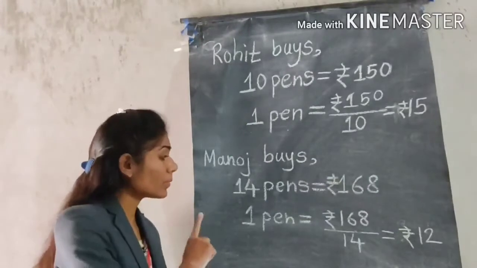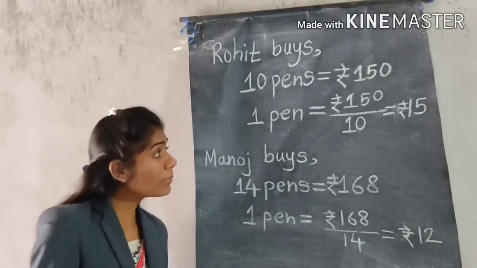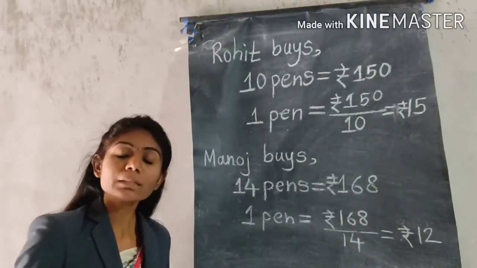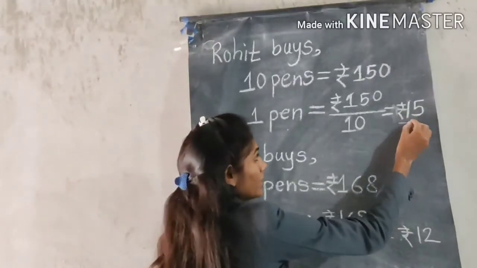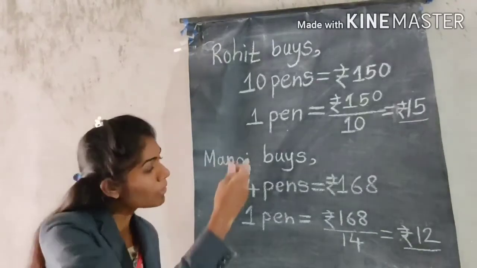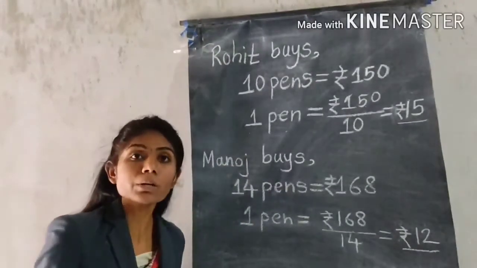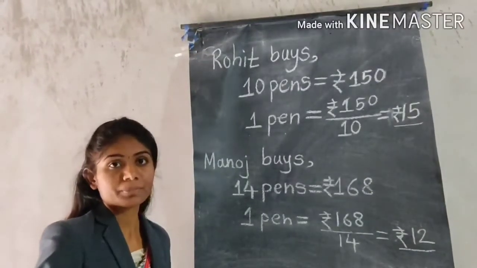So for Manoj, 1 pen price is 12. Now we will compare their price for 1 pen because the pens are the same brand. Rupees 15 and here we got rupees 12. By observation we can say Manoj buys cheaper pens than Rohit.